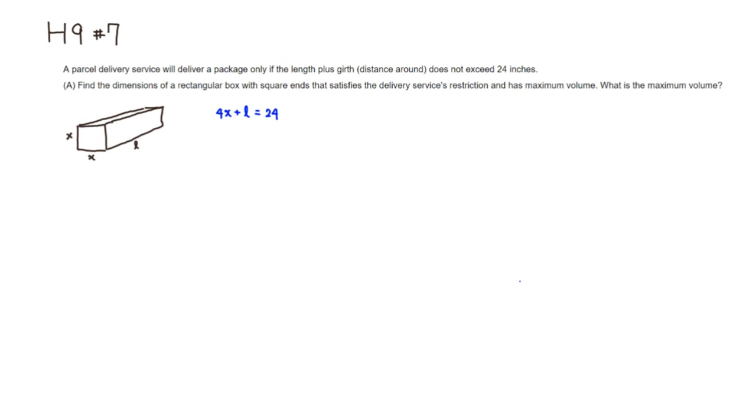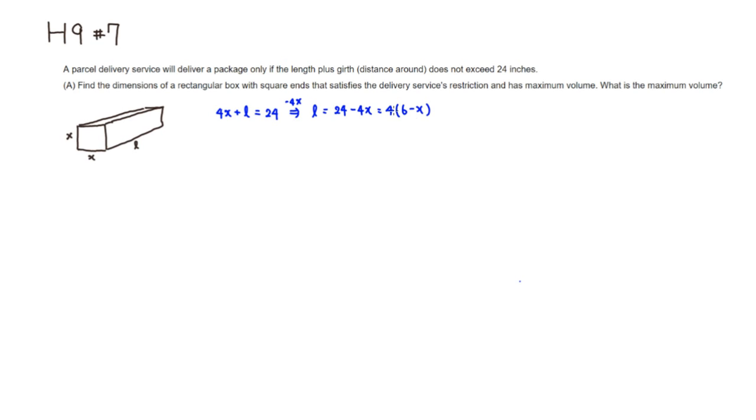Alright, so from here, I'm going to solve for L. So I'm going to subtract the 4x. So we get that L is equal to 24 minus 4x. Actually, both have 4 in them, so I'm going to pull out 4, and it's 6 minus x, right?